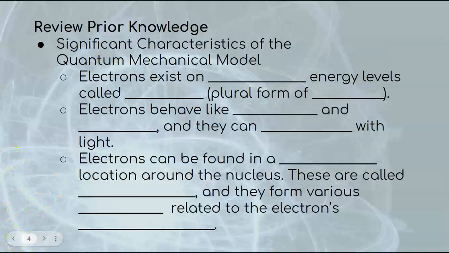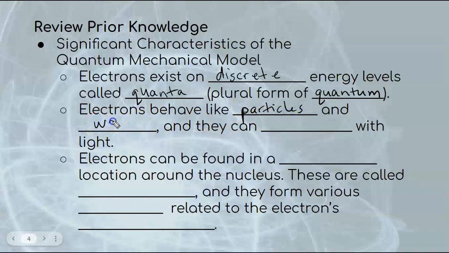Here are the significant characteristics of the quantum mechanical model that are important to understand electron configurations. Electrons exist on discrete energy levels called quanta, and quanta is the plural form of quantum. Electrons behave like particles and waves, and they can interact with light.